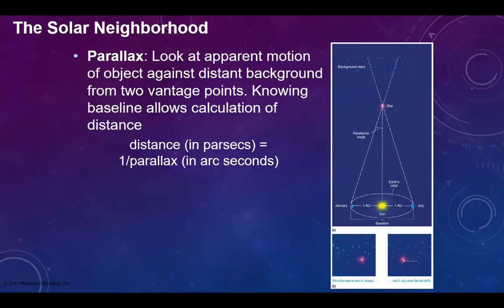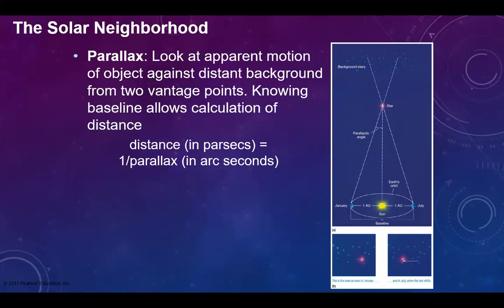You can do a bunch of trigonometry to work it out, but because the angle is so small, a lot of stuff simplifies. You can literally reduce it to distance in parsecs is equal to 1 over parallax in arcseconds.